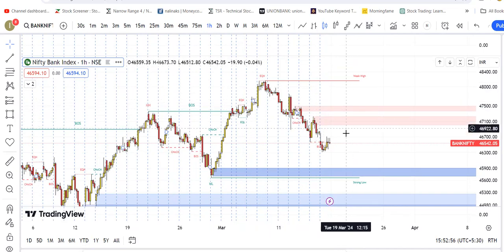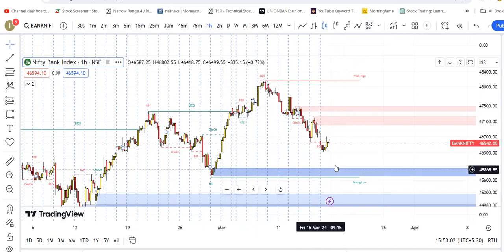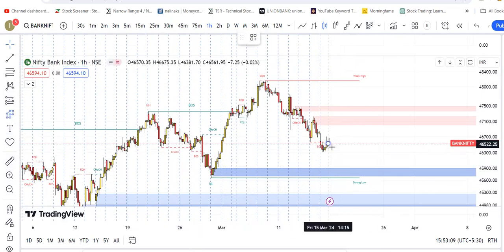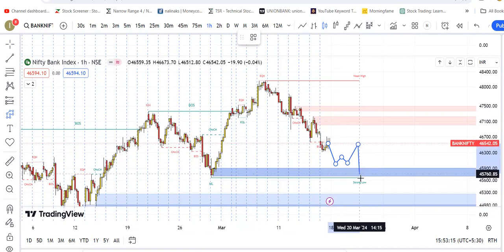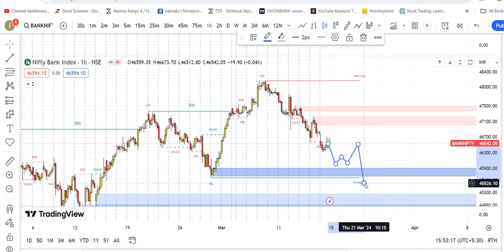These are all unmitigated order blocks, and the market can tap in. My point of interest is over here. Here, what the market can do is create a double bottom and sweep the liquidity like this. At present I'm not seeing any setup.